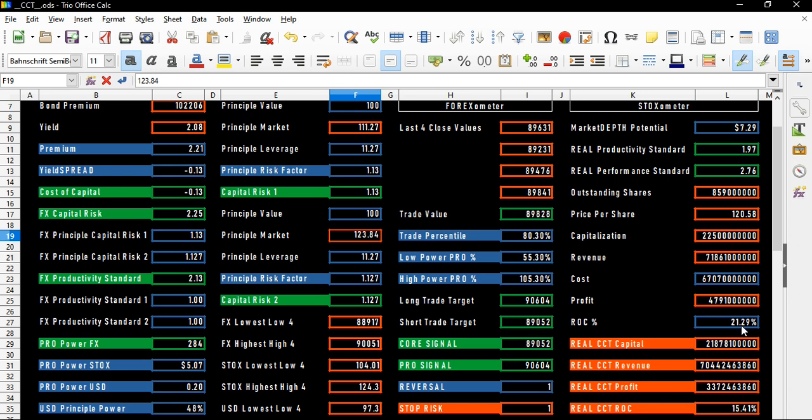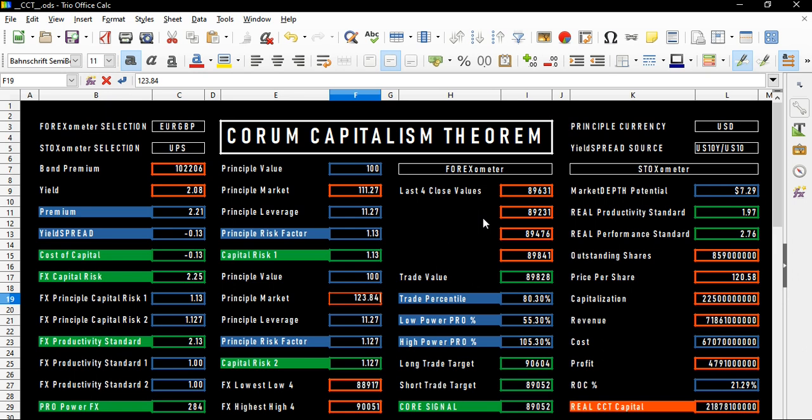When UPS gets down to 110 and we go through the STOXometer, it could be completely different. All right? So, this is the CIS CCT Pro calculator for Quorum's capitalism theorem trade focus, with the Euro British Pound and UPS stock.